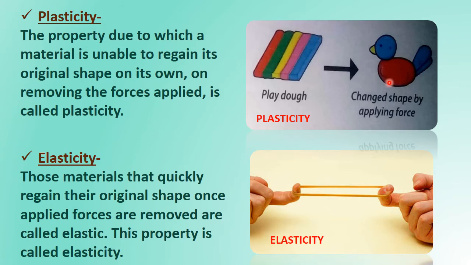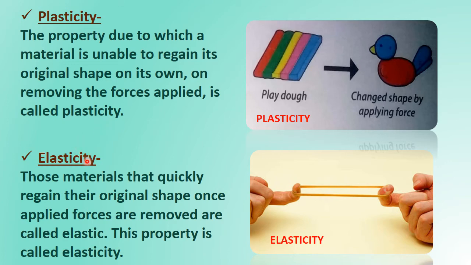Now this changed shape will not again return to its original shape. So this property, due to which a material is unable to regain its original shape on its own on removing the forces applied, is called plasticity. Do not confuse plasticity with the material plastic that we commonly use. Plasticity and plastic are different.